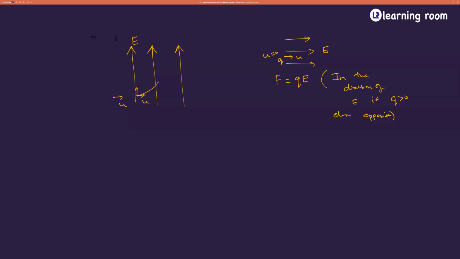Now the question is, what is the curved path it is going to take? Any guess? What is the curved path going to be? What is going to be the shape of the curved path?